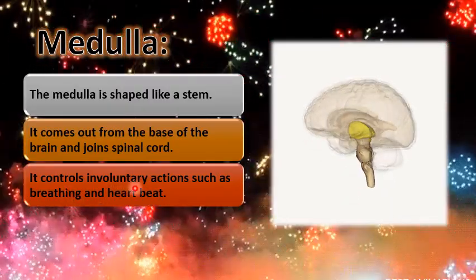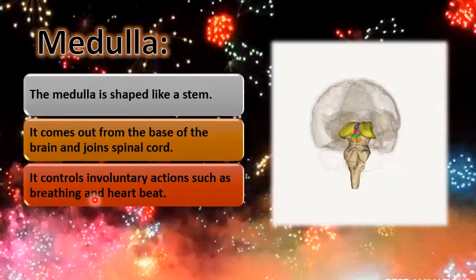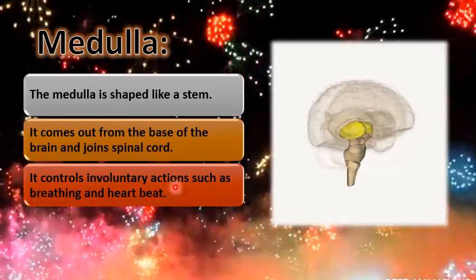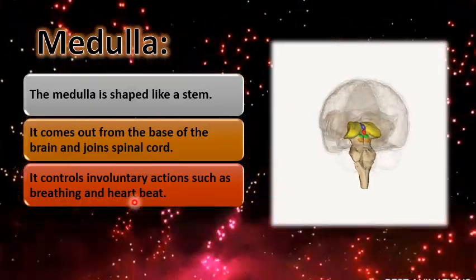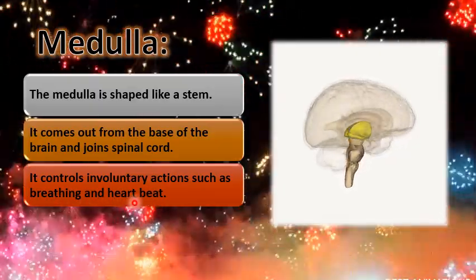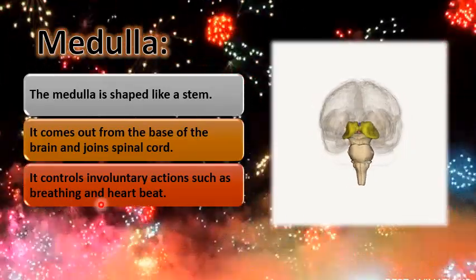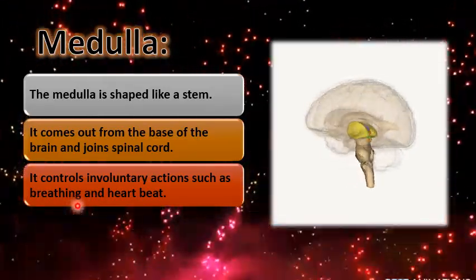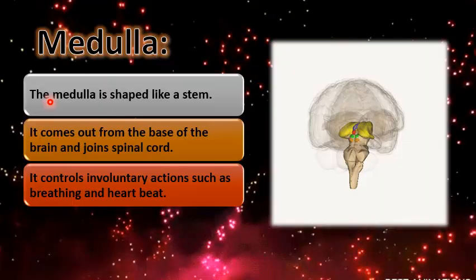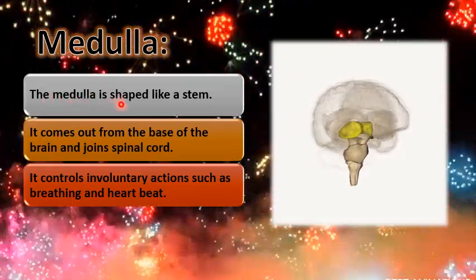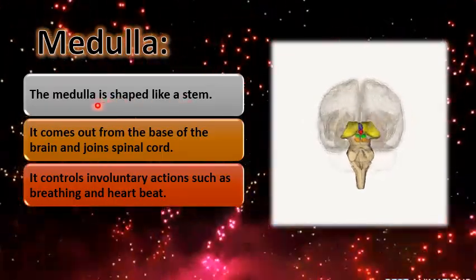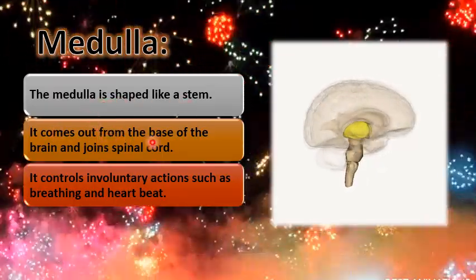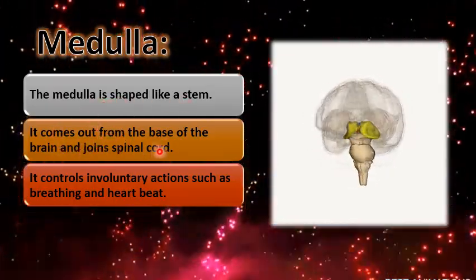It controls involuntary actions such as breathing and heartbeat. Apart from this, we can take the example of the digestive system. These all are controlled by the medulla. So the medulla is the third part of the brain according to your book, a stem-like structure that comes out from the base of the brain and joins the spinal cord.